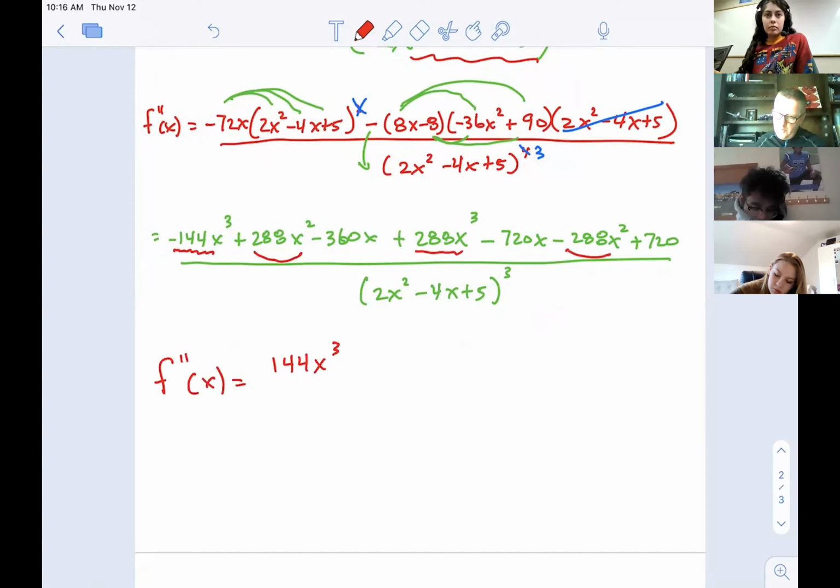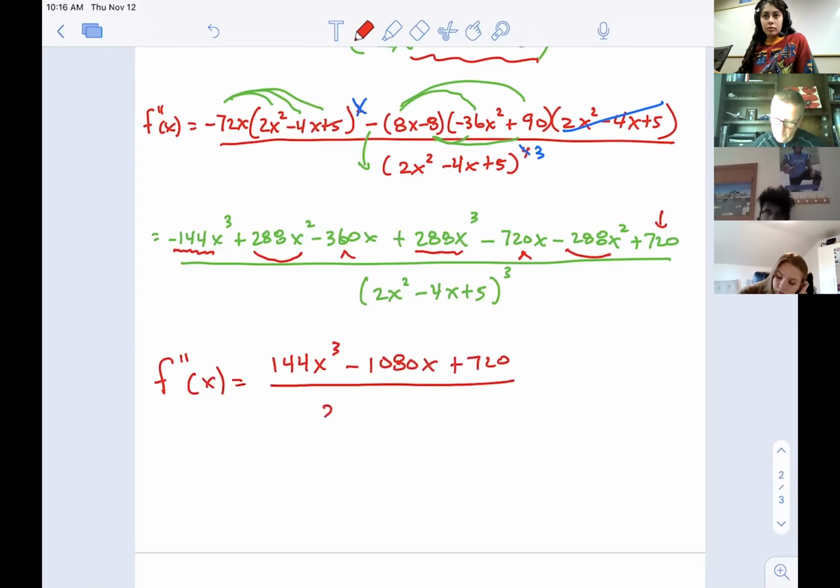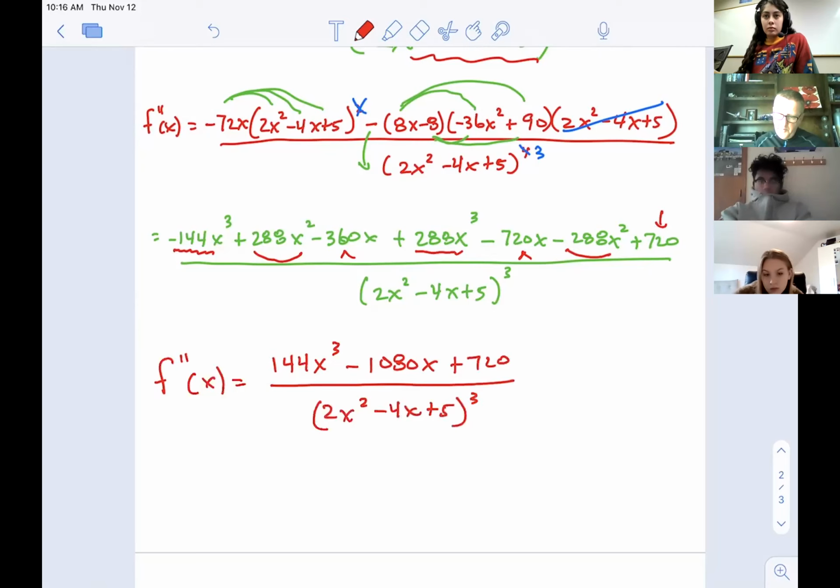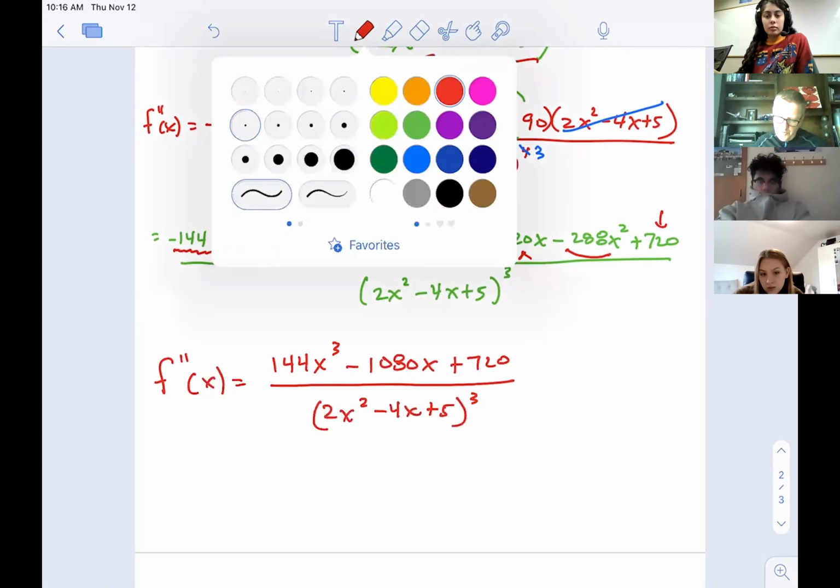And then my x terms: minus 360 minus 720 is minus 1,080. And then there's that positive 720. I'm going slow, and I actually don't think I screwed this up. Pretty sure I didn't blow this.